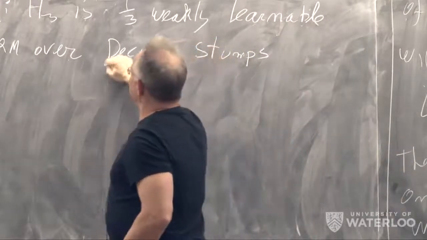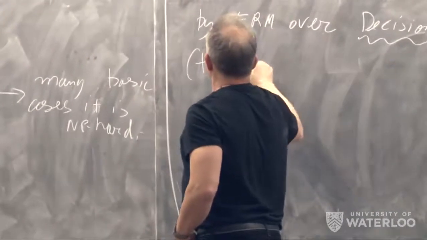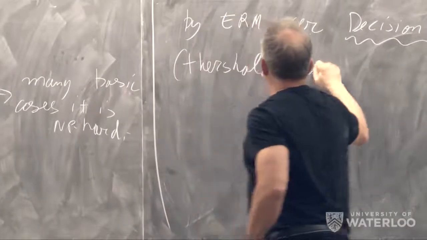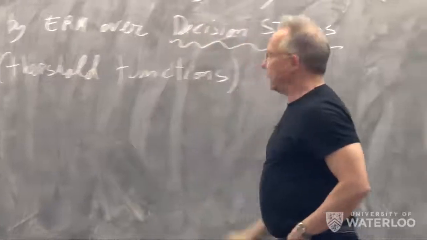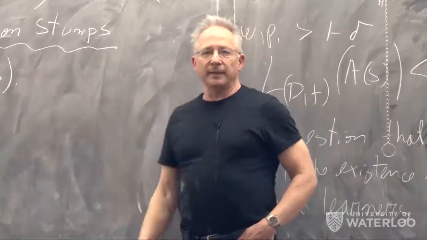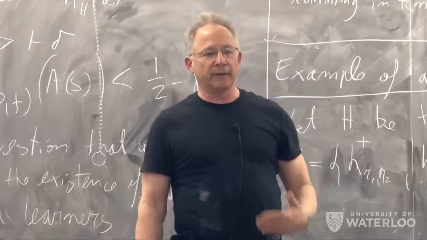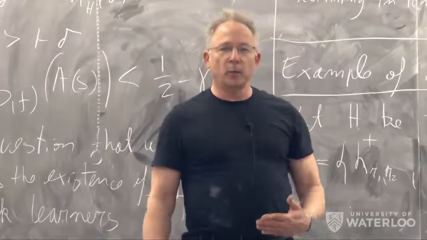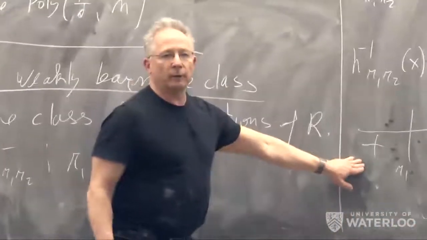So what are decision stumps? It is just a class of threshold functions. We will see in a minute why I give it a new name. But what I'm claiming is that if I do ERM over thresholds, I get a weakly learning algorithm for the class of three partitions.